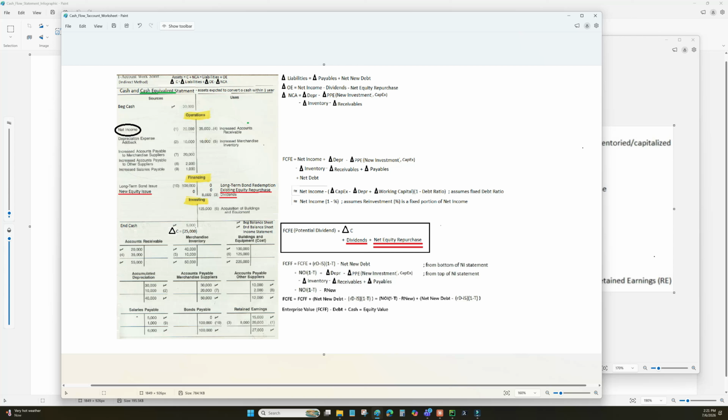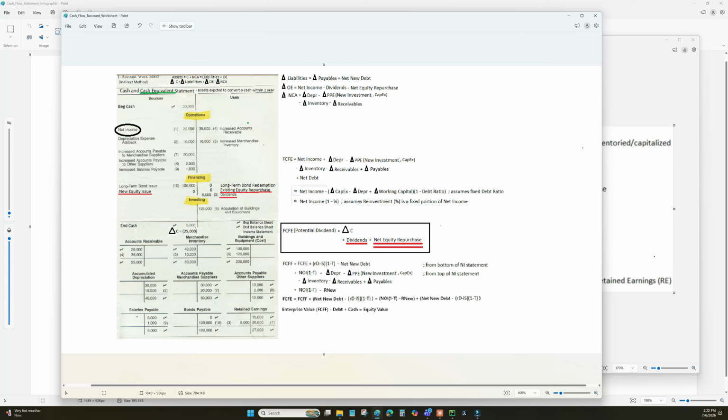So really what you're doing here with free cash flow to the equity holders, which again is called a potential dividend, is you're saying it is the change of cash, but you add back dividends and you add back any net equity. So you're saying that before you distribute at all to the equity holders, which is primarily dividends and stock repurchase, you add that back in because these two values have been subtracted away from the change in cash.